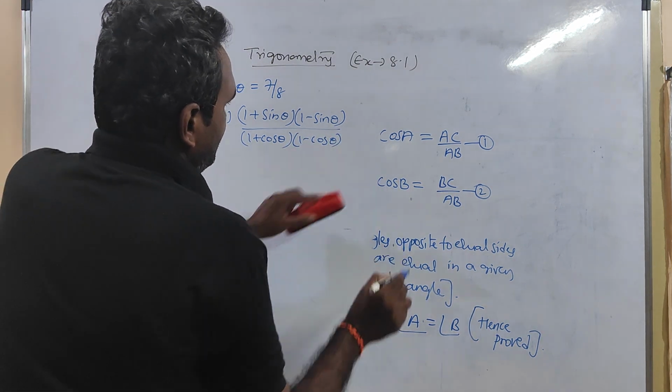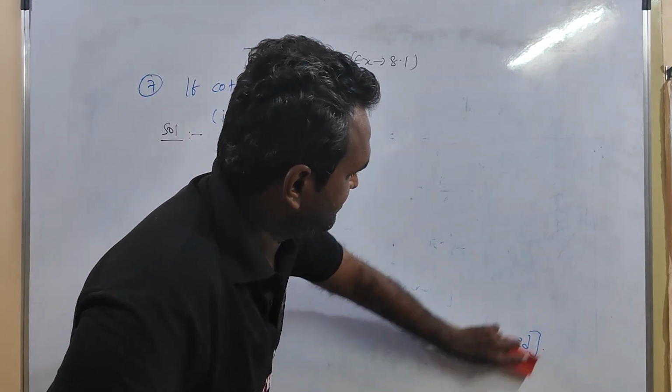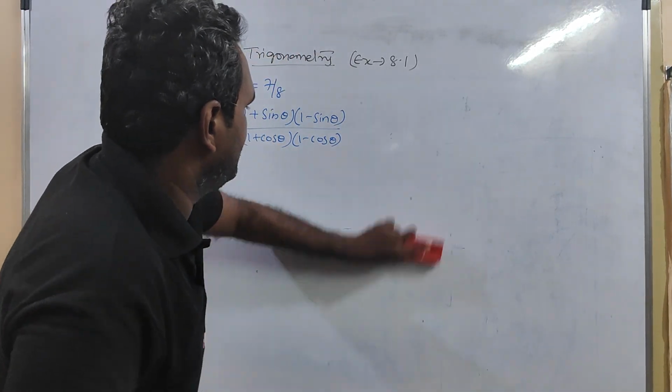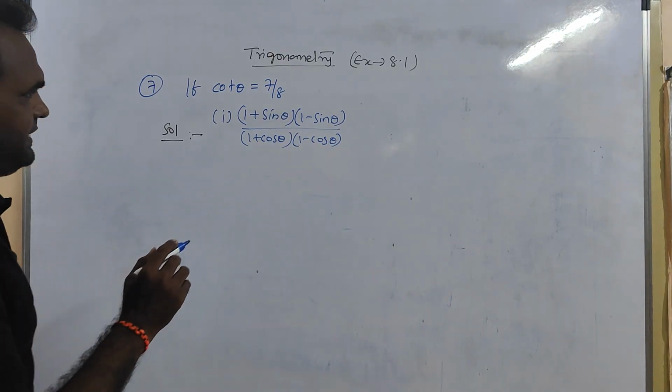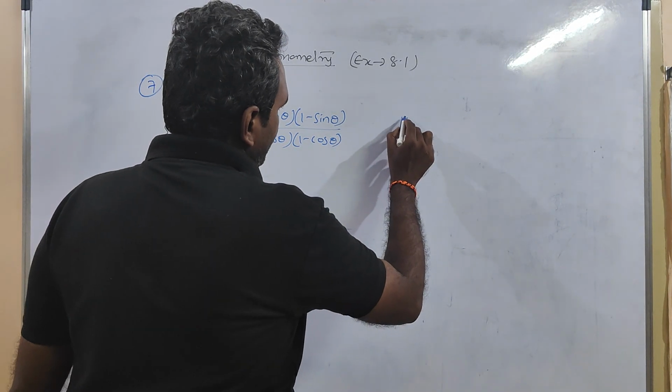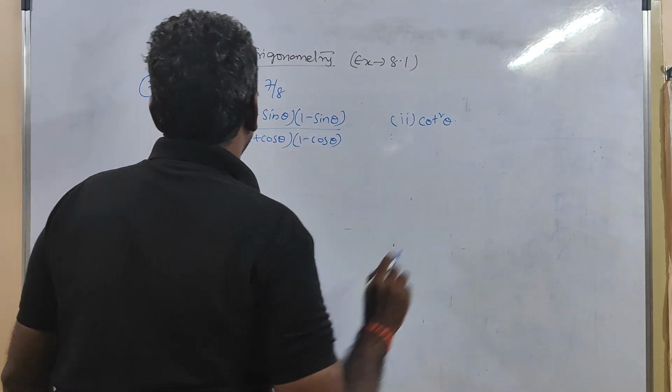This is the first one. And the second one they are asking is to find cot square theta.